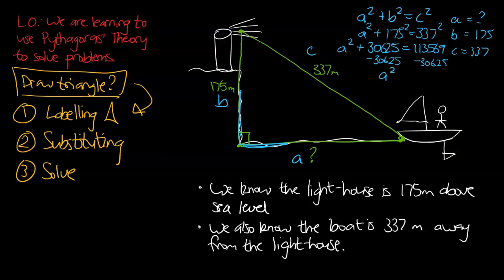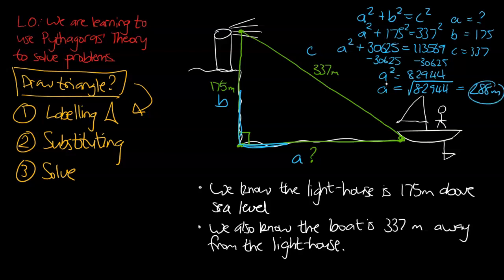So that means A squared will be equal to, just using my calculator here, 82,944. I'm then going to get rid of my square. The opposite of a square is a square root. So A is going to be equal to the square root of 82,944. And when I put that into my calculator, I'm getting 288 meters.